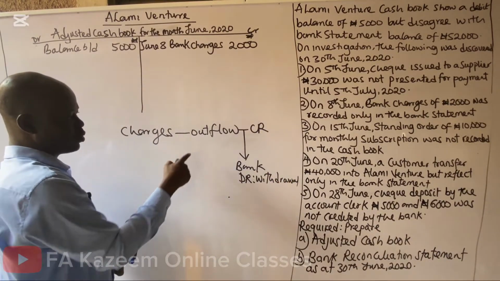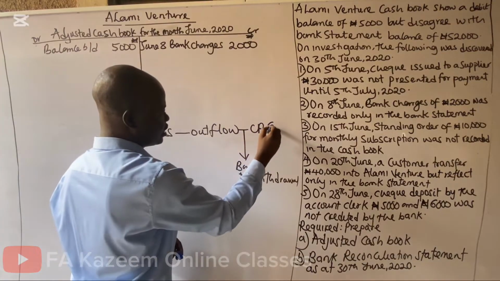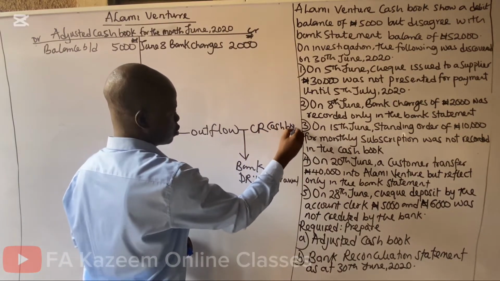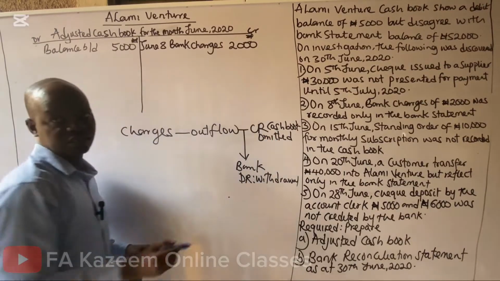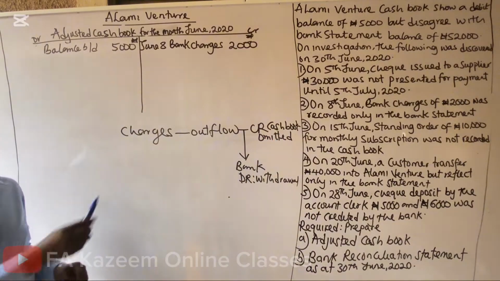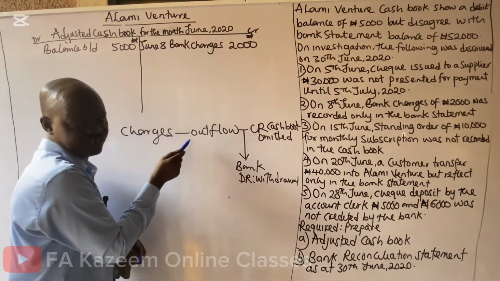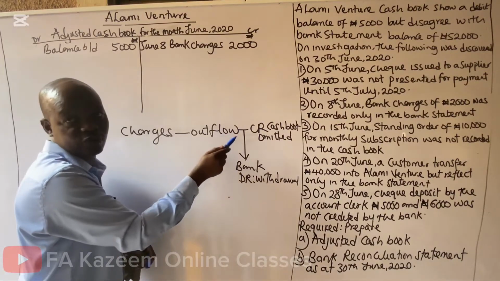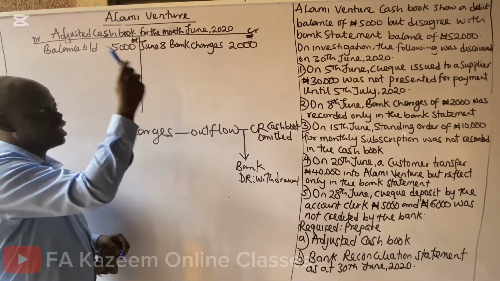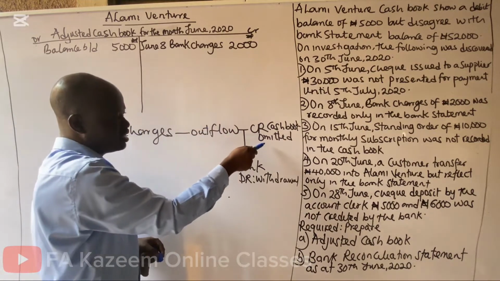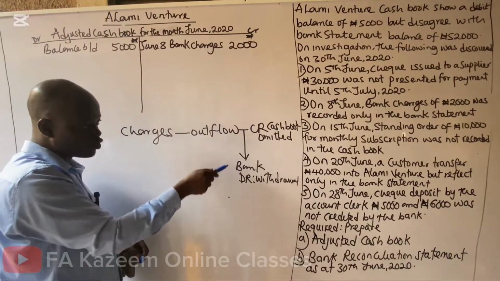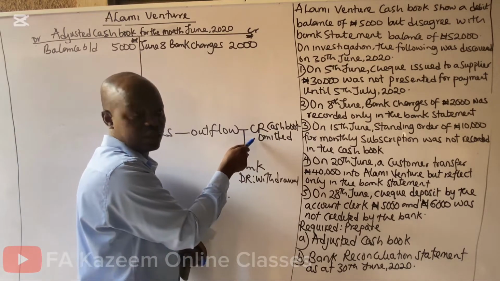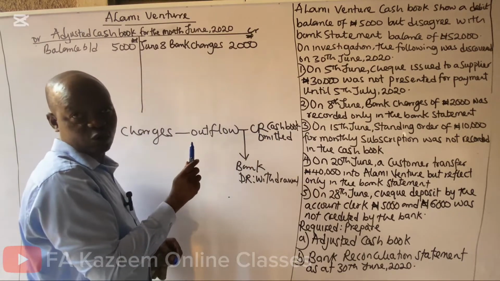Now, outflow in the cash book was omitted. The customer has paid charges, which is an outflow out of his account. Now, if he has paid charges and the bank has recorded it on the debit side, the customer is supposed to record it on the credit side, but it was omitted on the customer side.